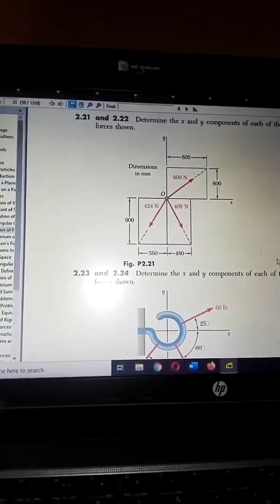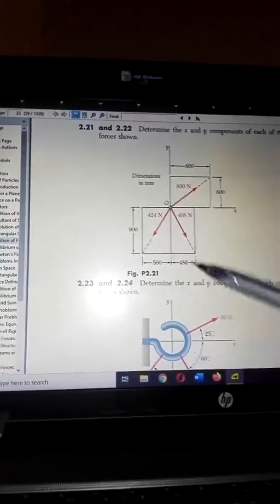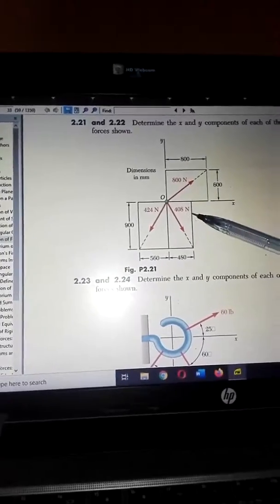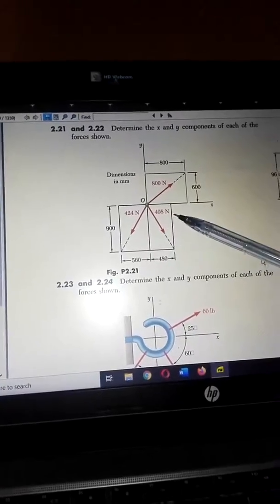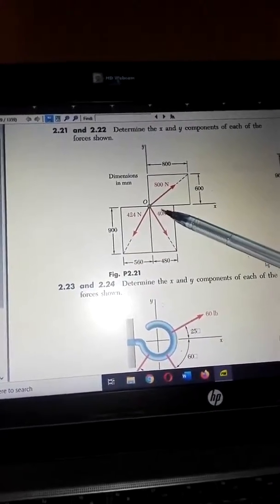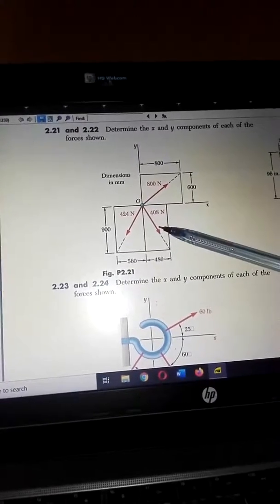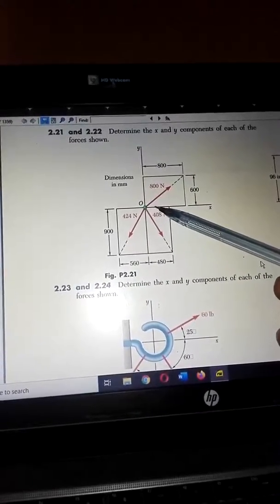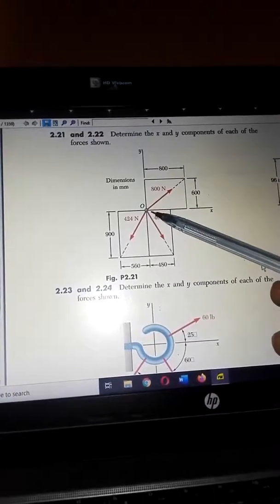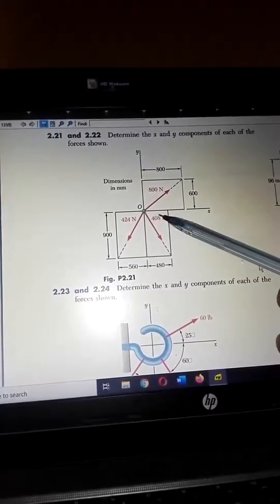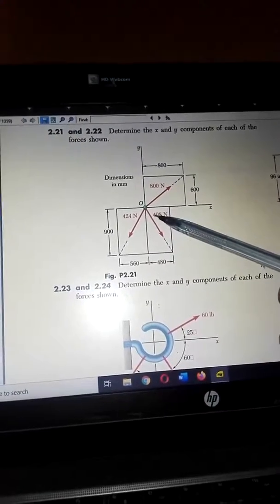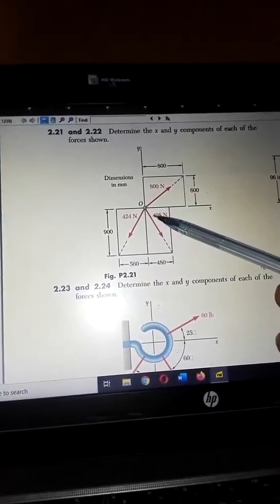Look at this one, this 408 Newton force, for instance. You don't know the angle it makes with the x-axis. If you want to get its component along the x-axis, you have to find the angle it makes with the x-axis. Then its x component will be 408 multiplied by the cosine of this angle.